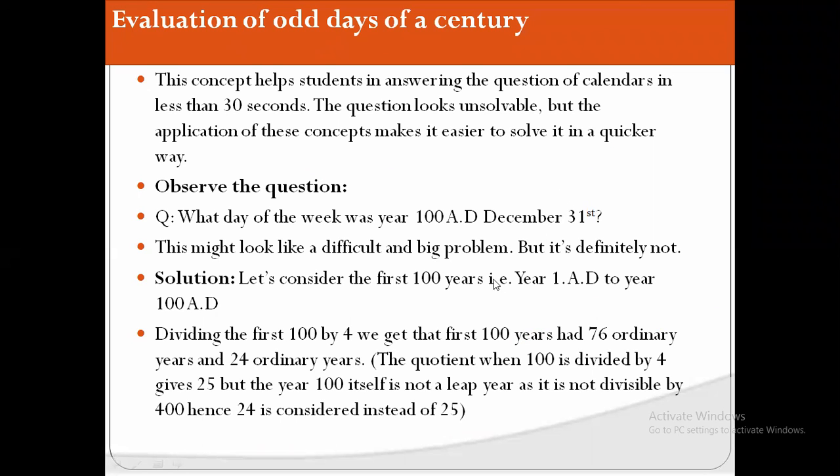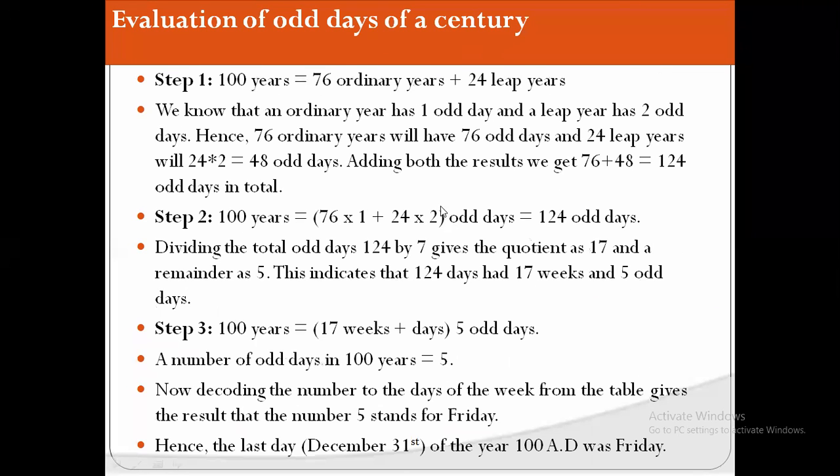So the total odd days we have calculated is 124, that is 76 plus 48. If we want to know the day, we have to divide by 7.